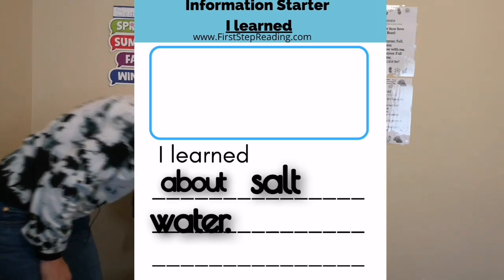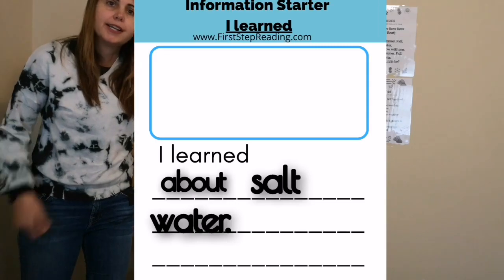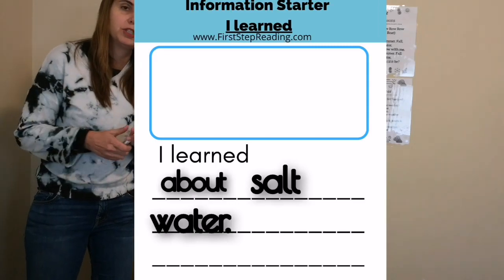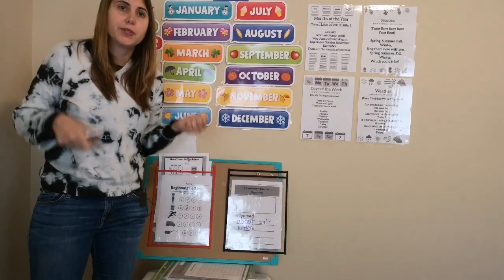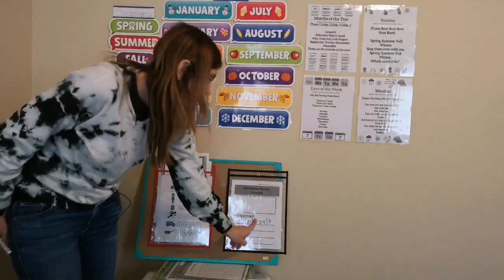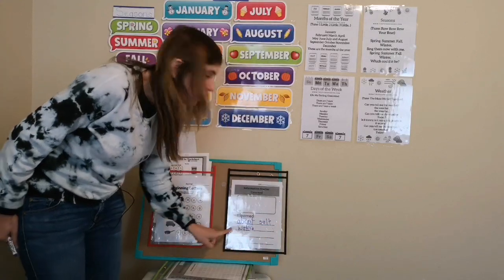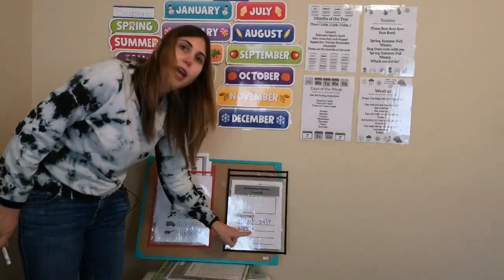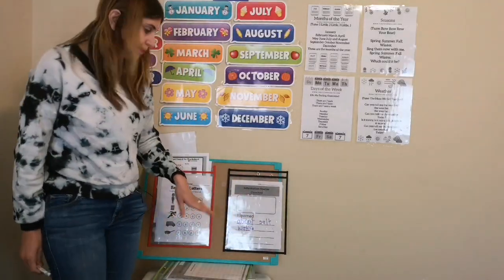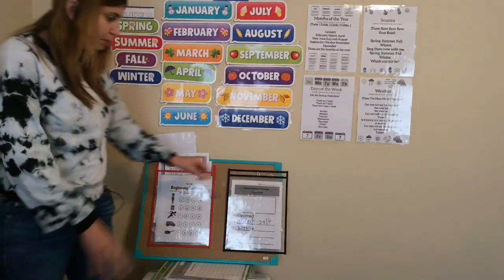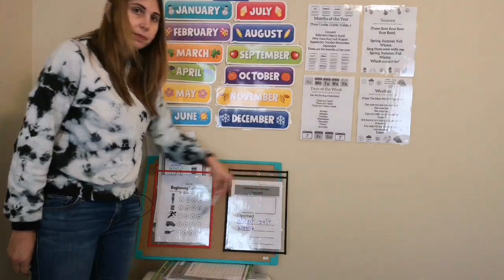Period. I make sure when I write, I sound out my words, which means I stretch the sounds out. I try to hear as many sounds as I can. I put a finger space between each of my words, and I end with a period, an exclamation mark, or a question mark. And I could draw a picture about what I learned.